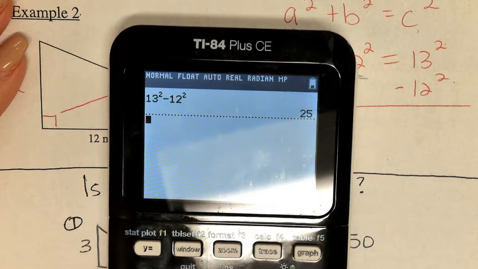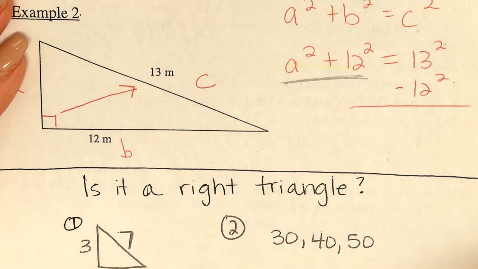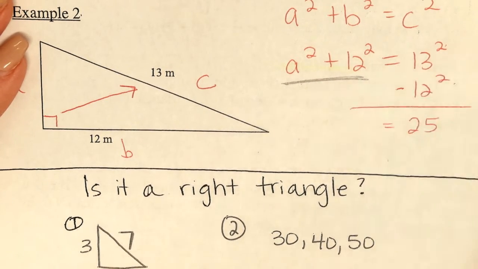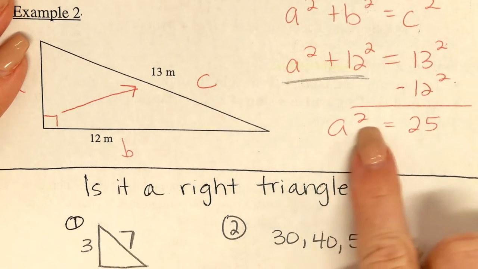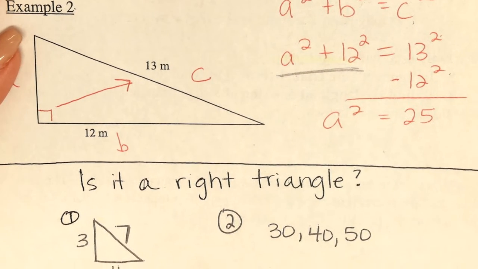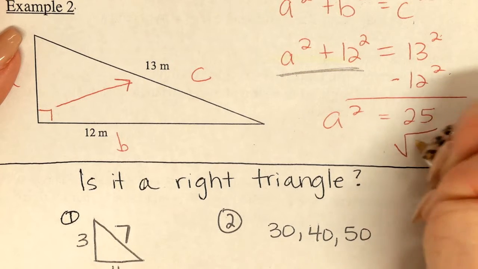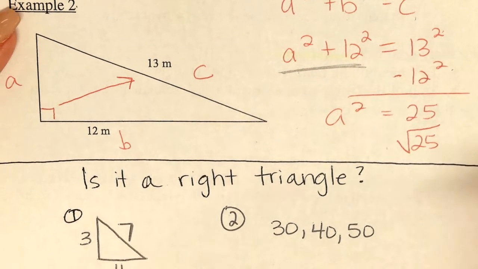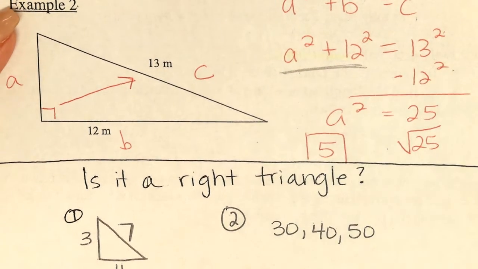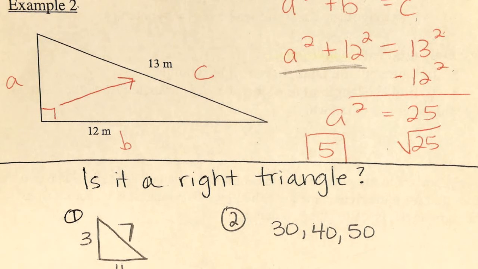And the answer is 25. And how do I get rid of that square? What's my last step? Square root. The square root of 25 is 5. And that's just a coincidence that they both had the same answer.